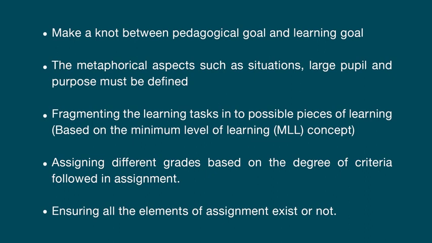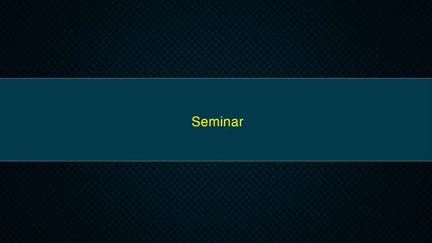The fourth one is assigning different grades based on the degree of criteria followed in an assignment, which will give a boost to the students. And the fifth one is ensuring whether all the elements of the assignment exist or not. These are all the things a teacher should follow in the effective transaction of curriculum through assignment as a teaching learning experience. The fourth one is seminar.